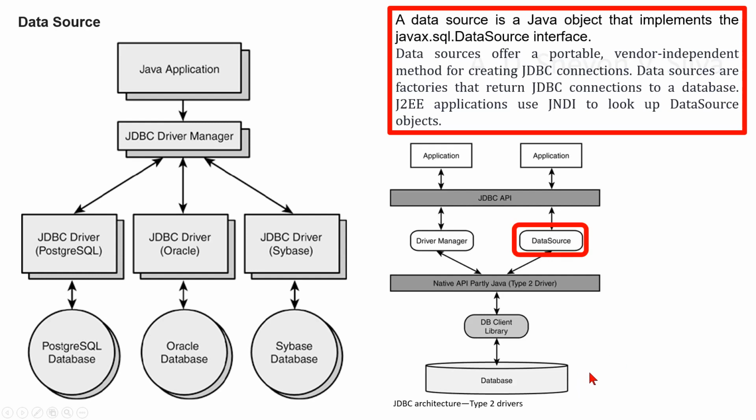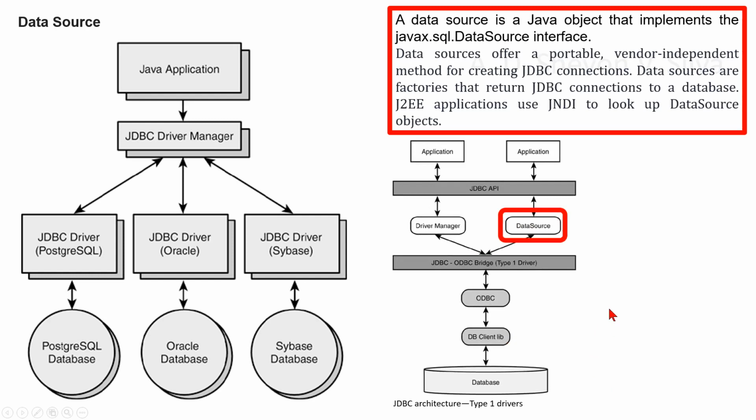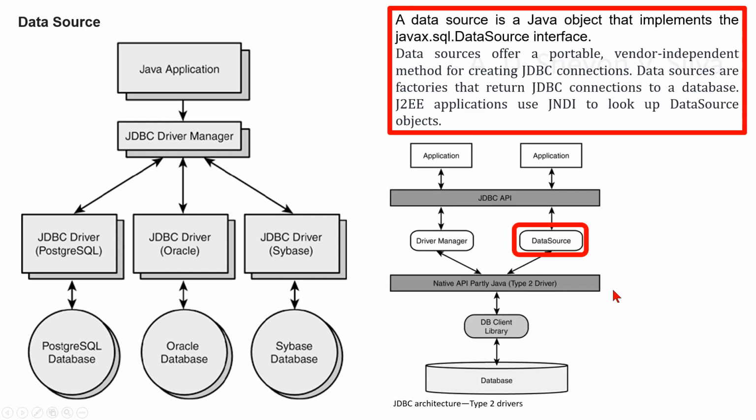Here in the JDBC architecture, for type 1 drivers, you can see the data source here. The data source interacts with the JDBC API and the JDBC-ODBC bridge type 1 driver. In type 2 drivers, the data source interacts with the JDBC API and the native API, partly Java, type 2 driver.